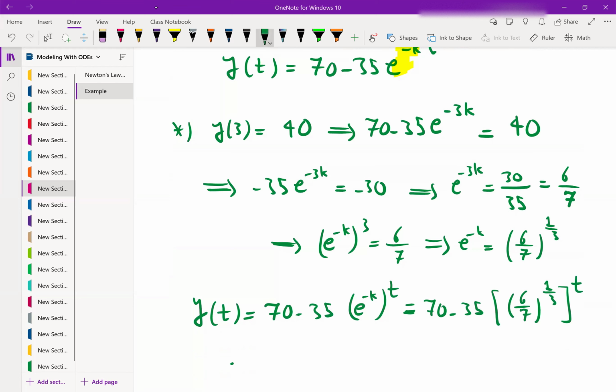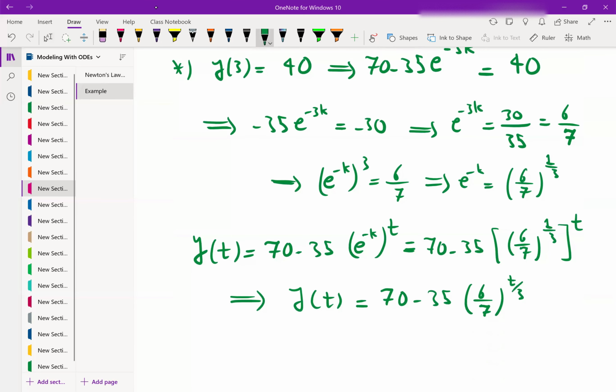So this is equal, that means that y of t, at any time t after t minutes, the temperature is 70 minus 35 times 6/7 to the power of t/3.